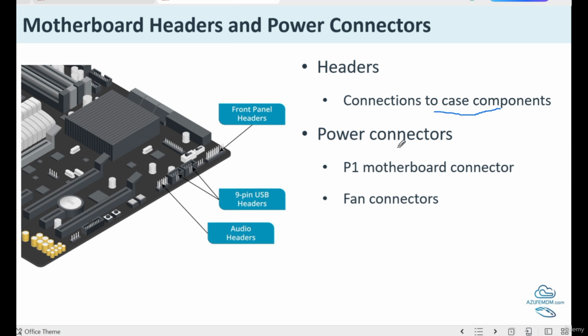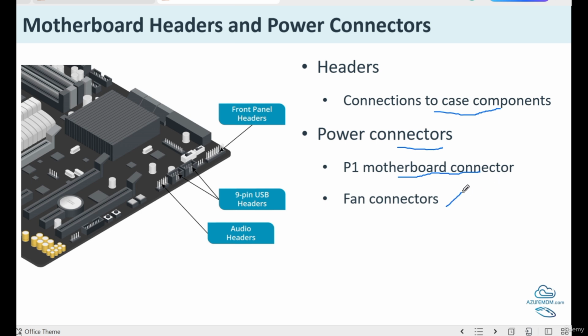Now, power connectors. Big cables from the PSU that give power to the motherboard, that is the 24 pin, and the CPU, that is 4 or 8 pin. The main 24 pin power plug from the PSU powers the entire motherboard.